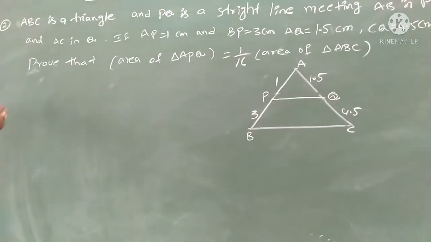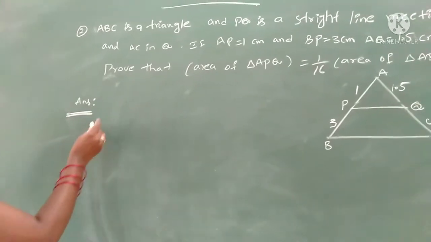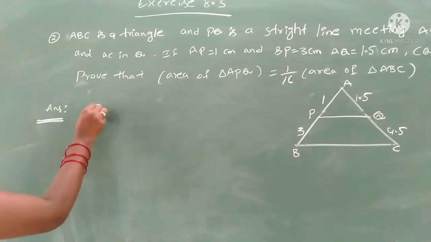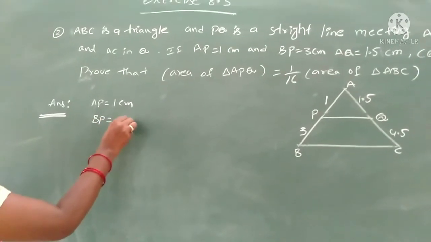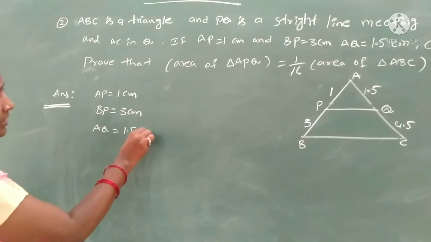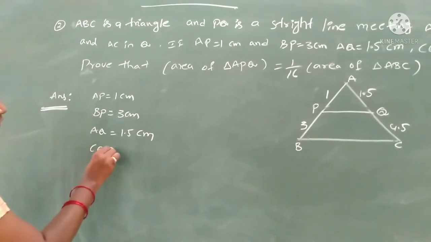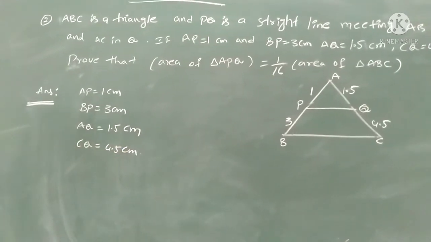First write the given values: AP equal to 1 centimeter, BP equal to 3 centimeters, AQ equal to 1.5 centimeters, CQ equal to 4.5 centimeters.